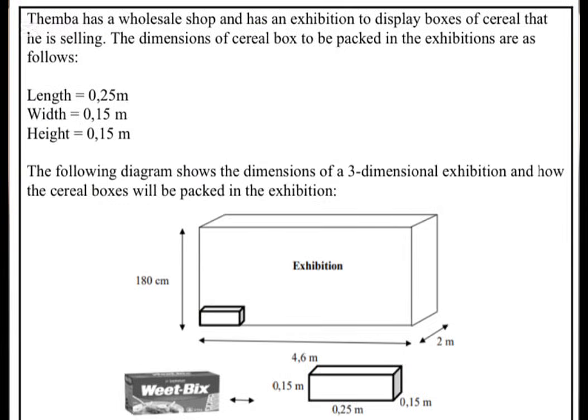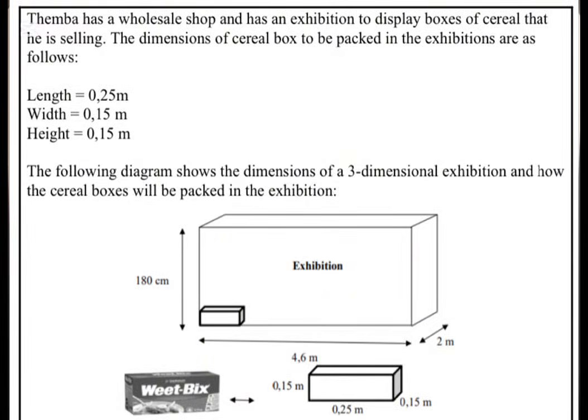We have the length of an exhibition, which is 46 meters, width 2, and then height is 180 centimeters. The moment you see different units, you must be able to convert to the same units. We cannot do calculation as long as we are having different units.